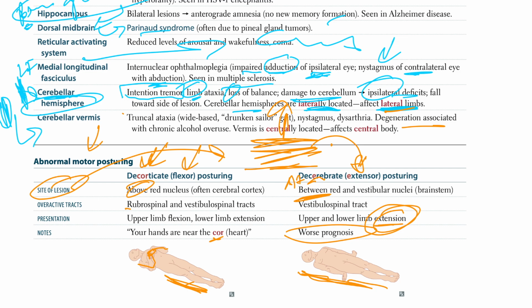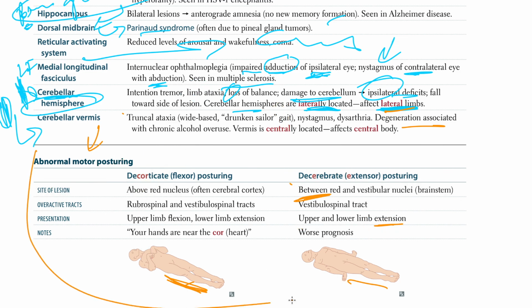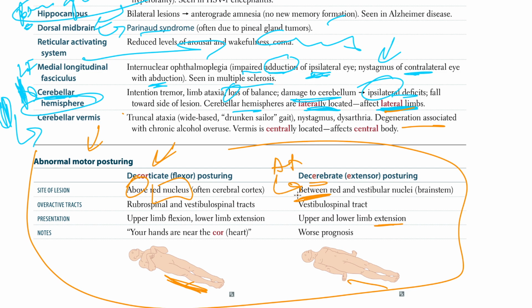Okay, and the way you can think about it, just remember, you talked about decorticate first, so it is going to be above the red nucleus. And then you talked about decerebrate, so that's going to be at or between the red nucleus.